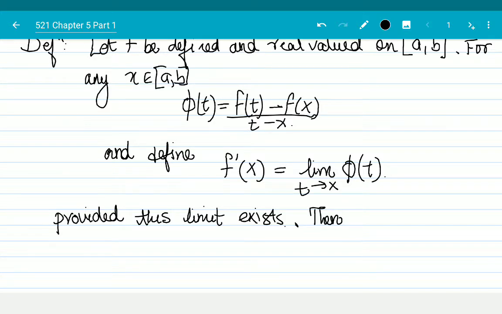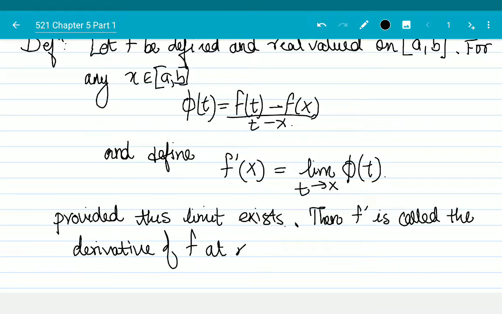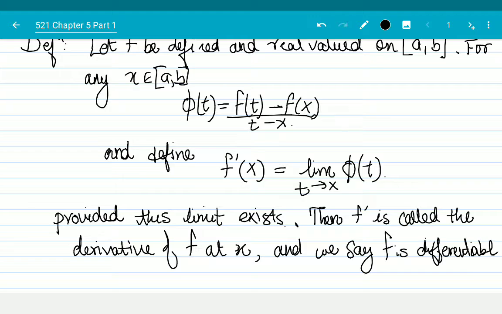Then f prime is called the derivative of f at x, and we say f is differentiable at x.